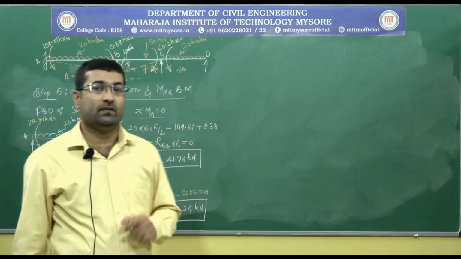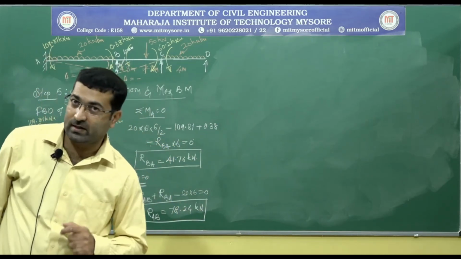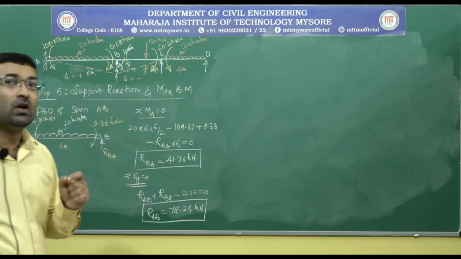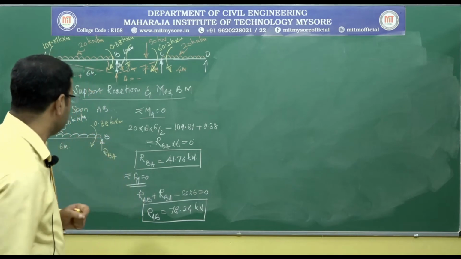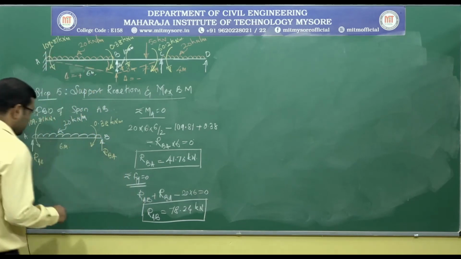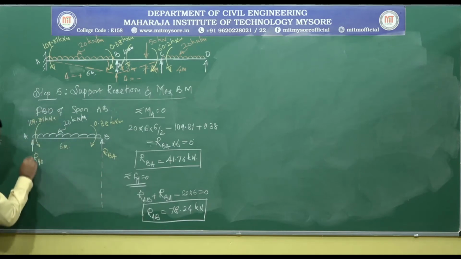So with the help of the support reaction values, I need to draw the shear force diagram and locate the point where the shear force is 0. Okay, so let me do that.